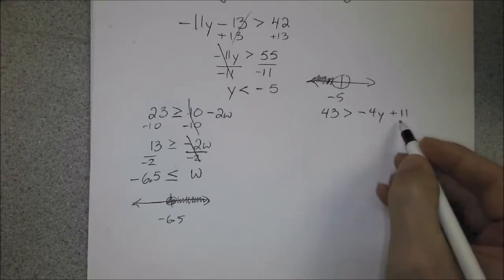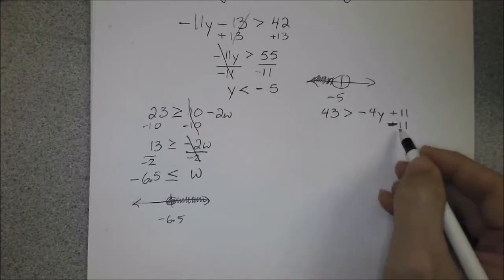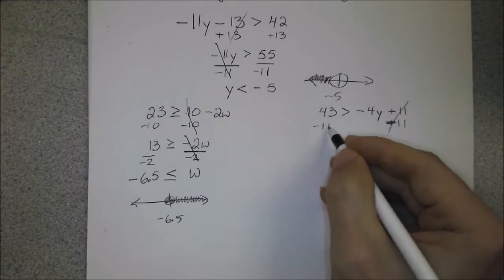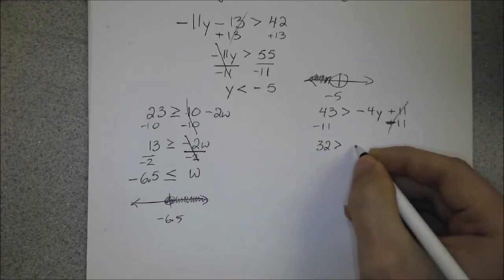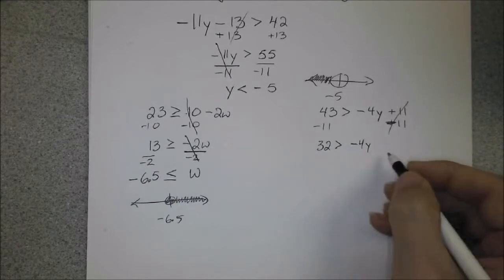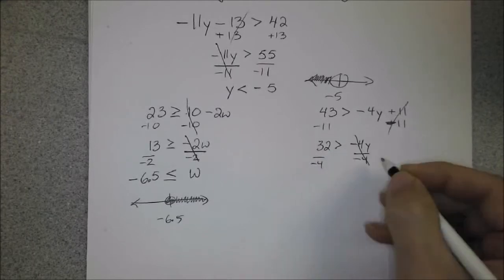This one right here, I'm going to subtract 11, because the opposite of plus 11 is minus 11. Do that on both sides. That's going to go away. 43 minus 11 is going to be 32. So if 32 is greater than negative 4y, opposite of multiplying by negative 4 is dividing by negative 4. I do that on both sides.